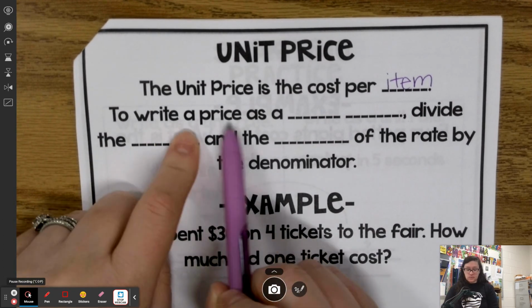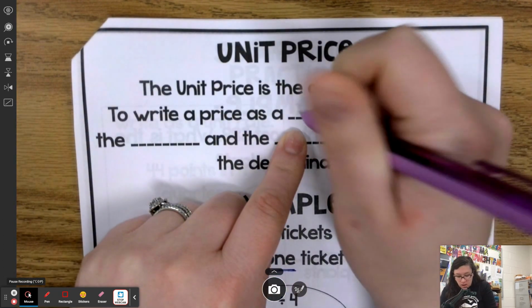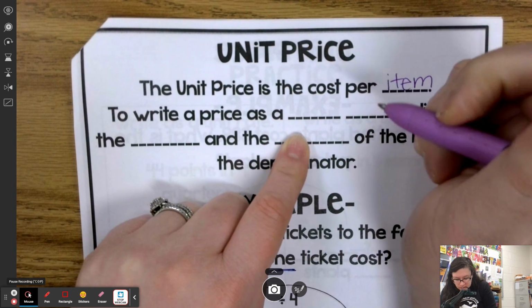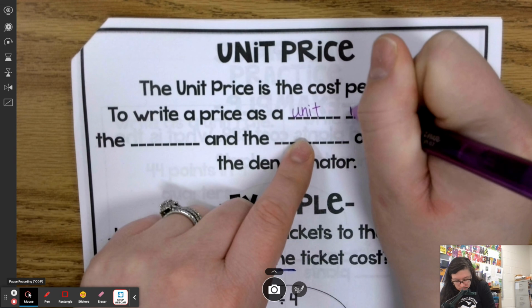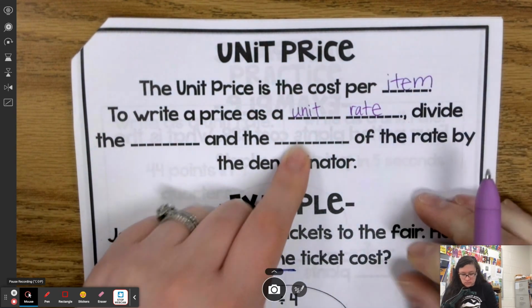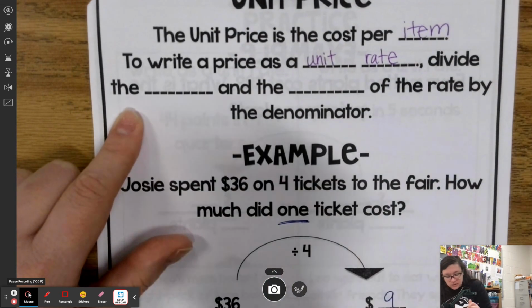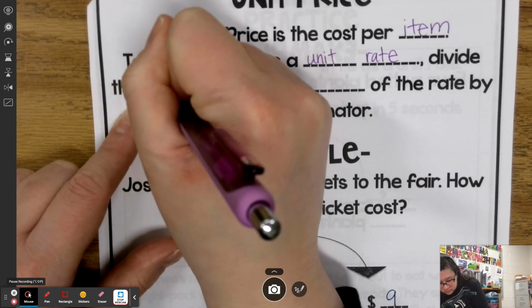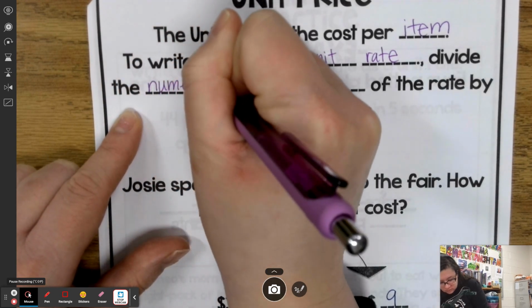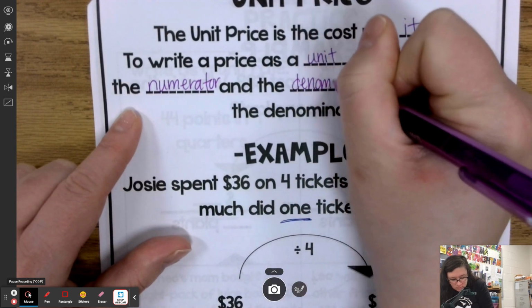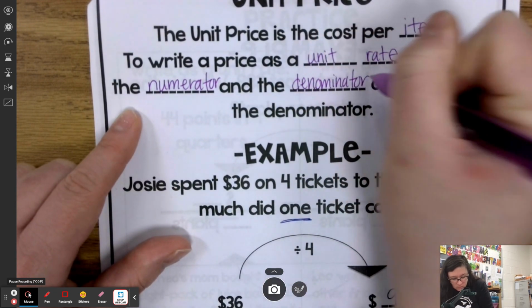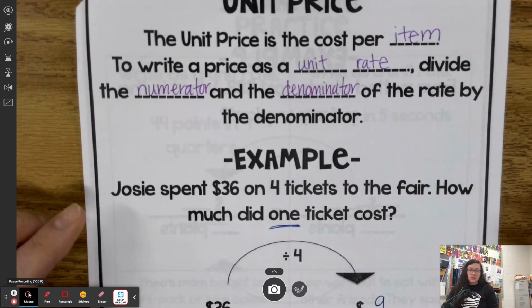So what you want to do is write the price as a unit rate. Divide the numerator and the denominator of the rate by the denominator.